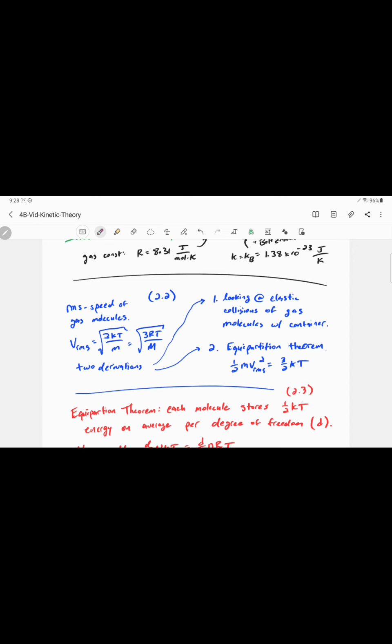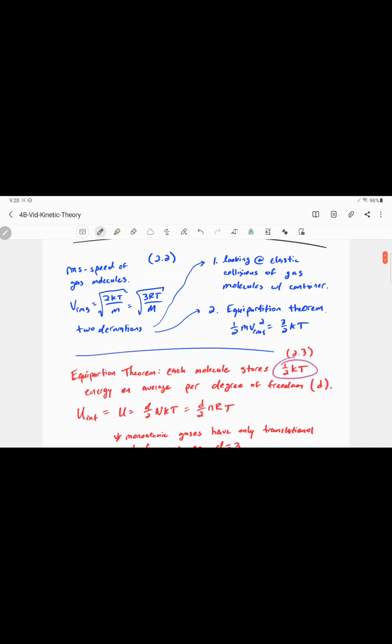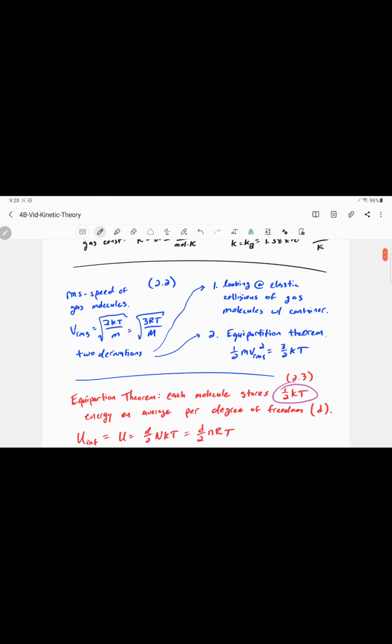So the equipartition theorem says that each degree of freedom accessible to a gas stores on average 1/2 kT of energy. When a gas is free to roam around in 3 dimensions, it's free to move in the x, y, z direction, and it's storing an amount of energy 1/2 kT in each of those 3 dimensions.